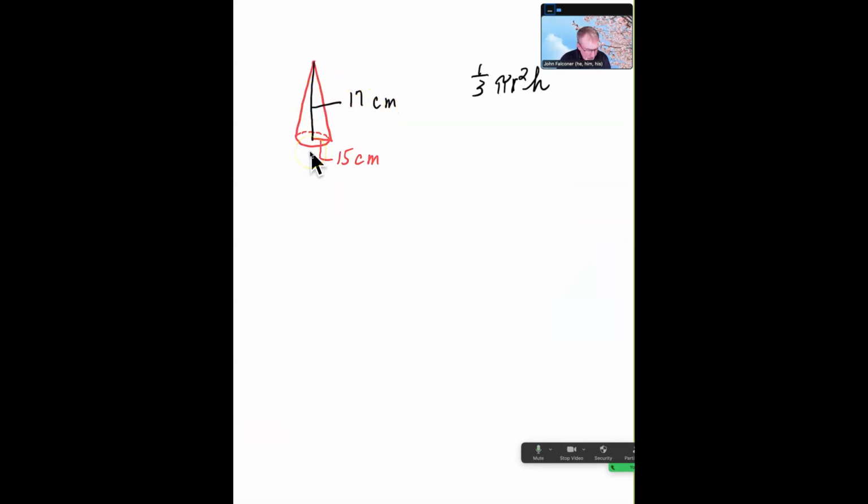So we're going to first calculate this imaginary cylinder. We're going to calculate the volume of that, and then take 1/3 of that. Okay, so let's substitute. We know pi is pi.